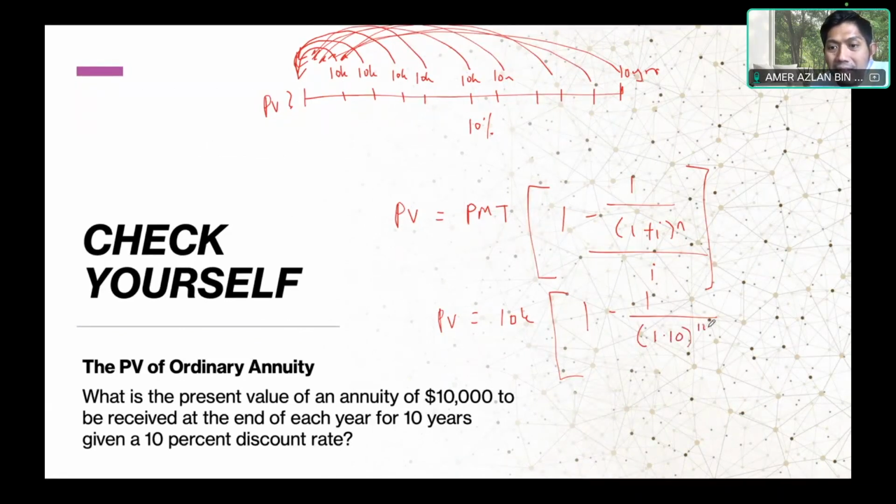N is 10 years. Then divide by 10% or 0.10, close bracket. So if you calculate this correctly, give me a moment, let me calculate. 1.10 over 10.